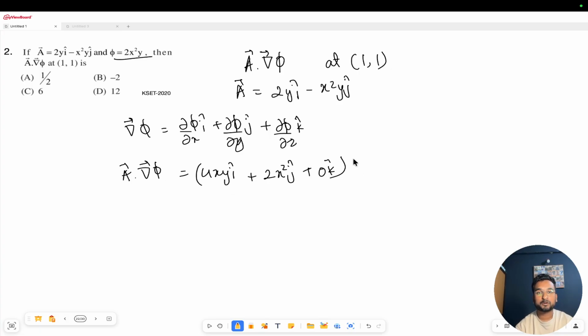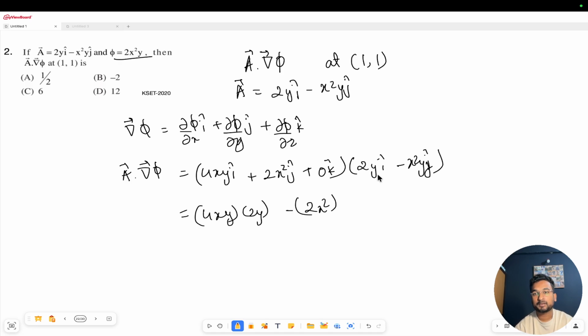So what you will get? Dot product of this 2y i cap minus x square y j cap. Okay, and you have to do it at point 1 comma 1. So for i cap you will get 4xy into 2y, and then next minus 2x square into x square y.